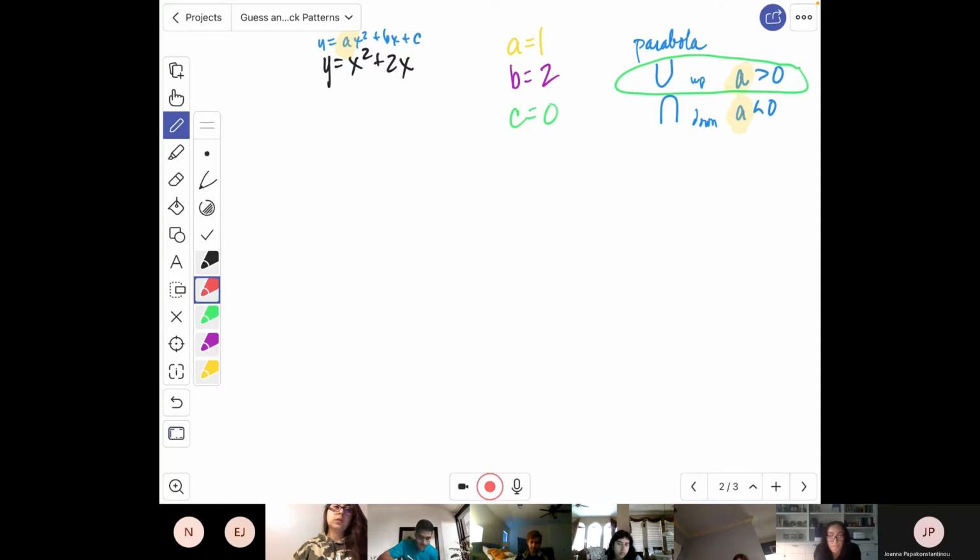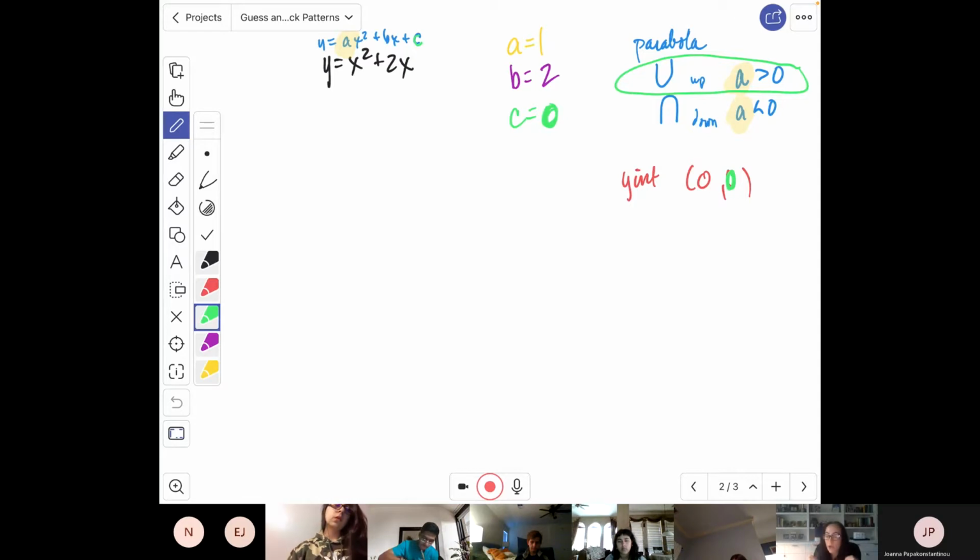So that's like the y-intercept. Okay, so the y-intercept is the point on the y-axis. For the point on the y-axis, the x is 0. 0, 0. You got it, Reese. 0, 0. So since C is 0, right? C is 0. I know my y-intercept is 0. Can everybody see that?